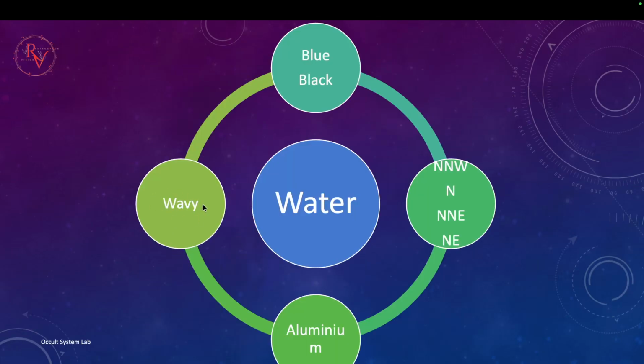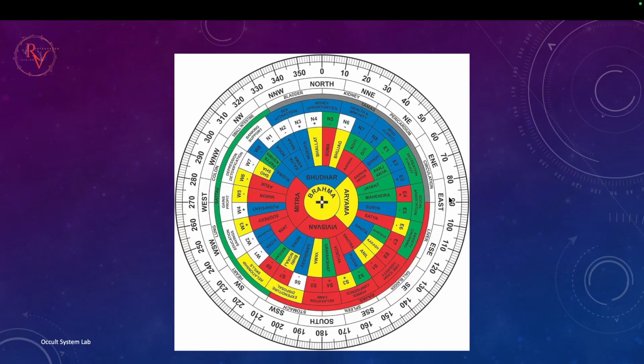Let's say you have a showpiece that is wavy in structure. Let us say you have placed that structure in the watery direction. Let us say in the north direction of your house, you have placed a wavy structured showpiece. So is it a problem? It is not a problem, because it is balanced now.